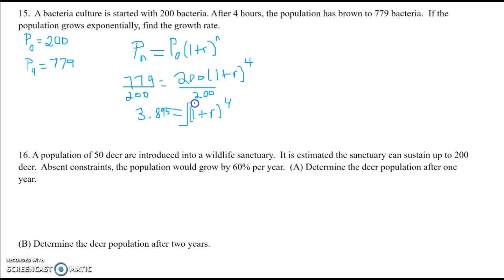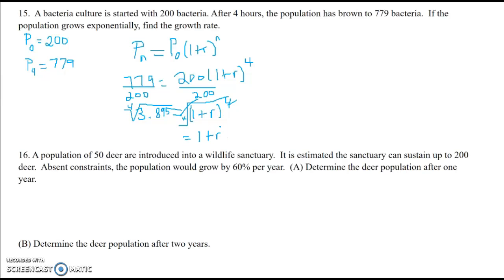Then I'm going to take the 4th root of both sides to get rid of this 4th. So the 4th root and the 4th cancel each other out, so I'm left with 1 plus R.